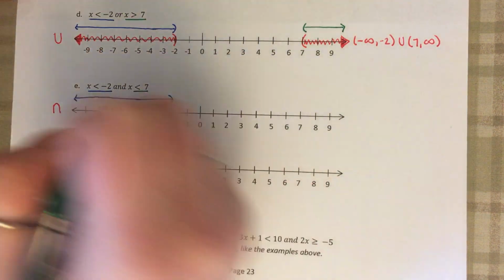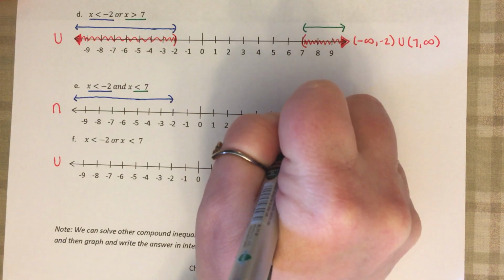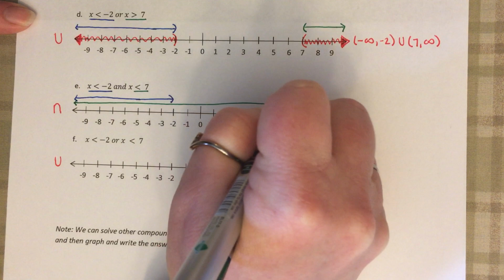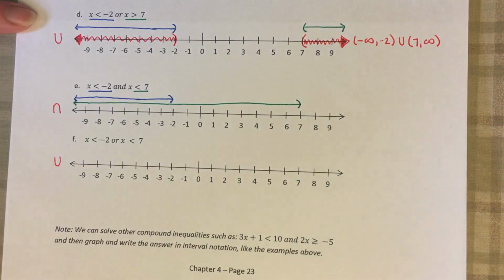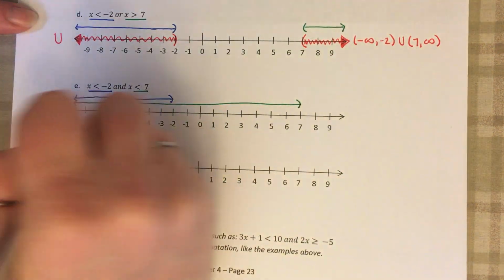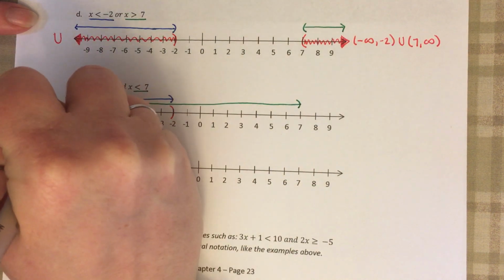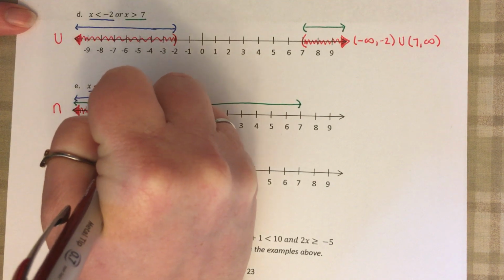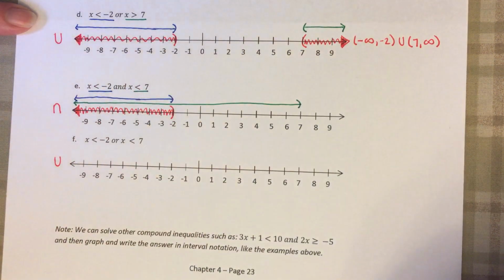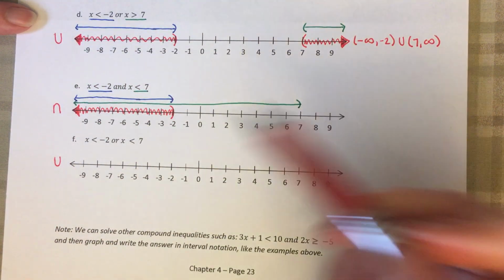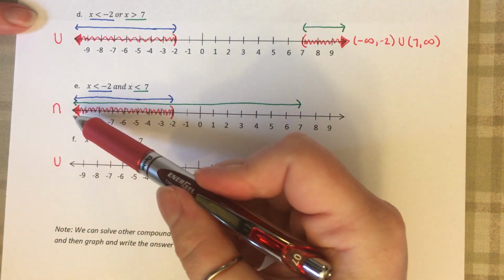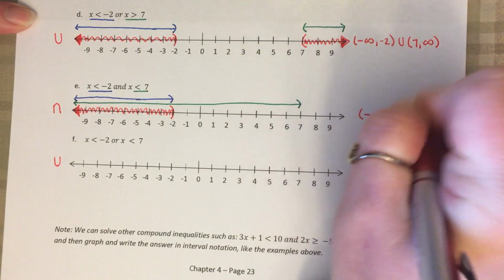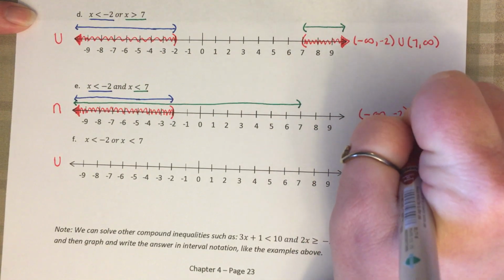X is less than 7 means we start at 7 and we also go to the left. So now we look at where these overlap, and we have this area down here on the left, from the arrow all the way to our -2. So our interval notation is going to be -infinity to -2.